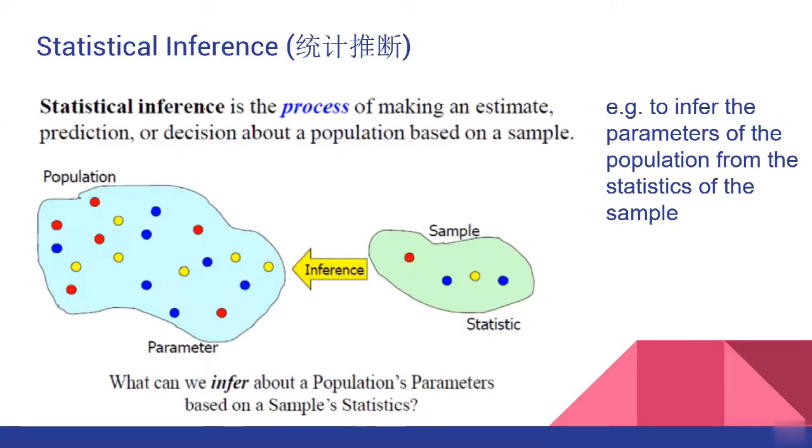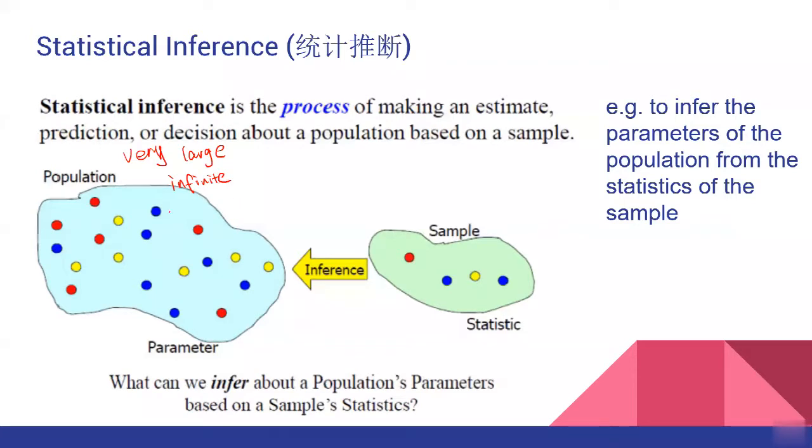And statistical inference is a process of making an estimate, prediction, or decision about the population based on a sample. As we said before, the population is usually very large. Okay. And sometimes it is infinite.